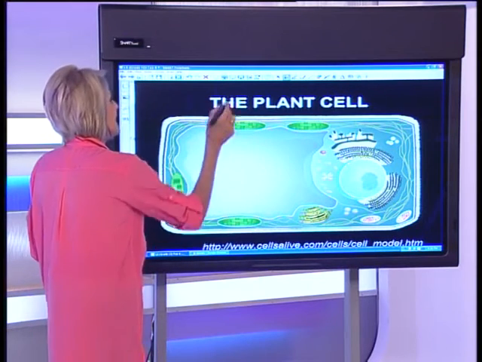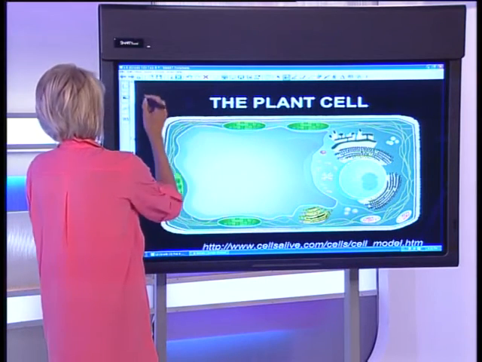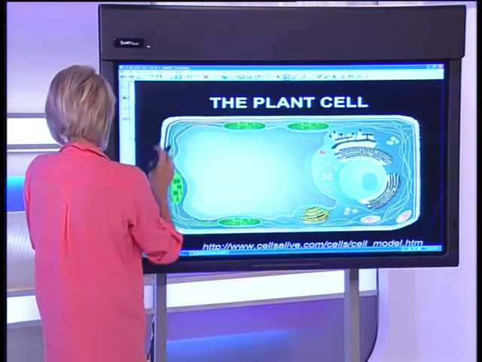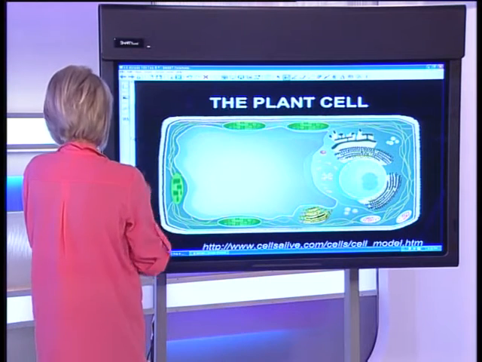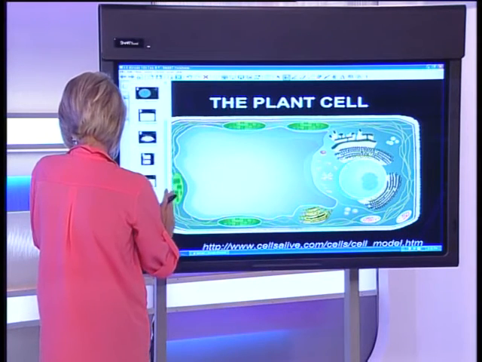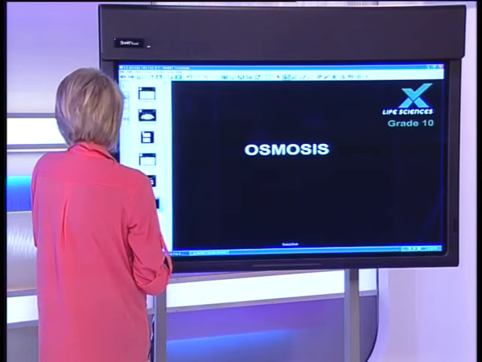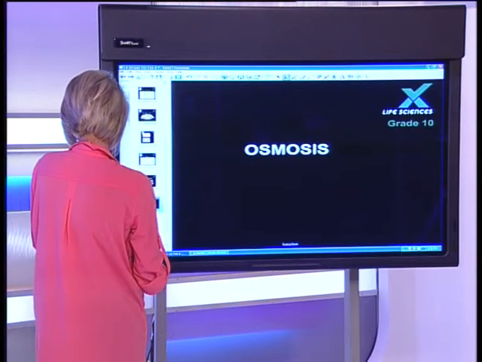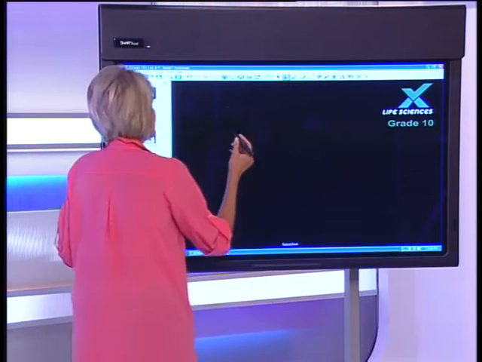Now remember, inside any cell, I need actually a blank page. So I'm going to see if I have any blank pages here. Yes. Okay. Oh, let's try this one. There we go.